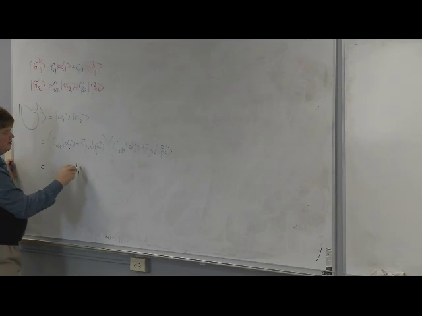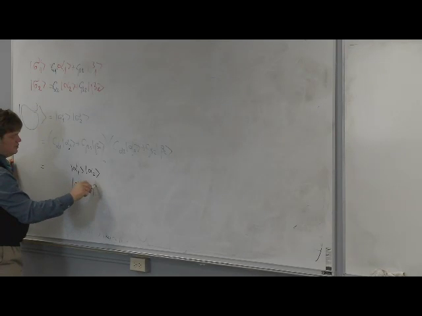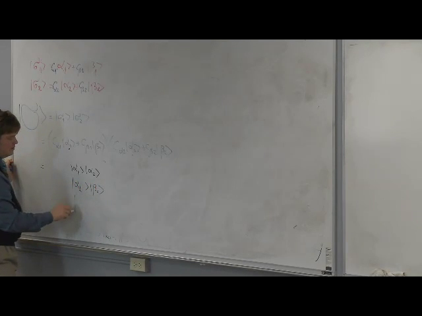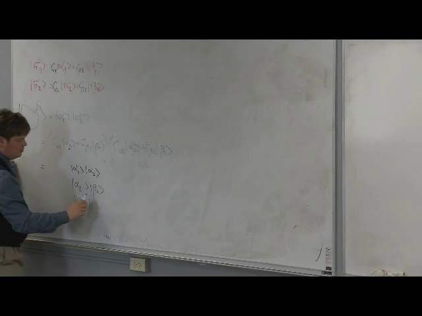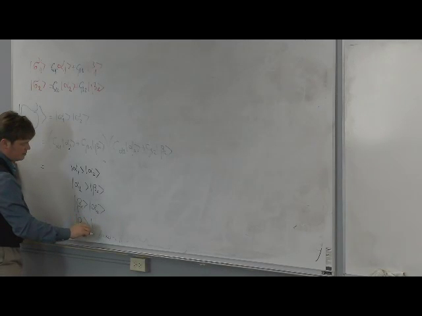First spin in state alpha, second spin in state alpha; first spin in state alpha, second spin in state beta; first spin in state beta, second spin in state alpha; first spin in state beta, second spin in state beta.